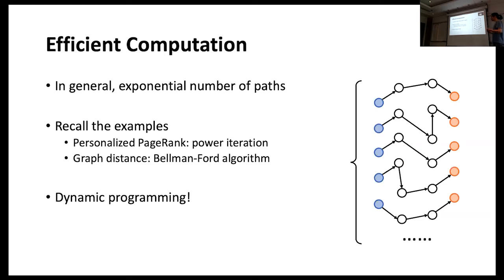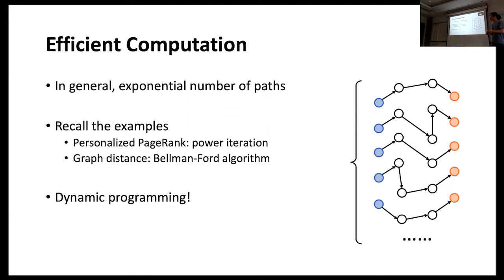However, although this kind of path representation looks really elegant, the problem is that in general, we cannot compute like that. Because if you consider a non-trivial graph, typically the number of paths grows exponentially with the length of the path, so that we have an exponential number of paths and you cannot enumerate them. But recall the examples we talked about before, like personalized PageRank and graph distance, they can actually be solved in polynomial time.